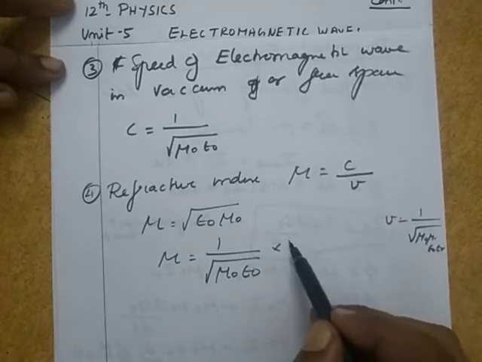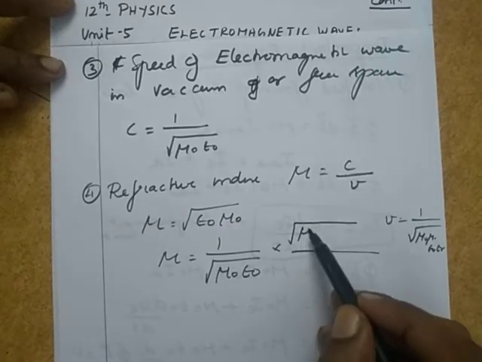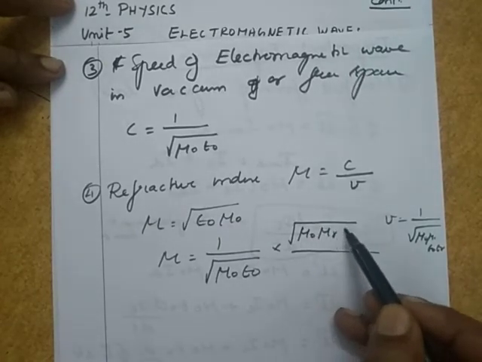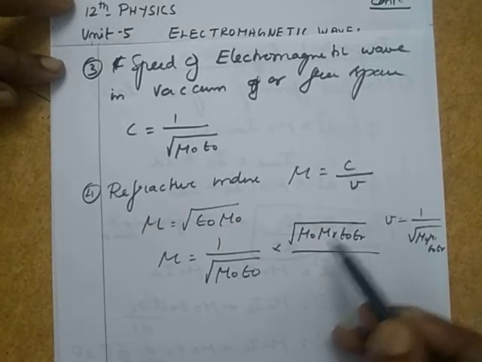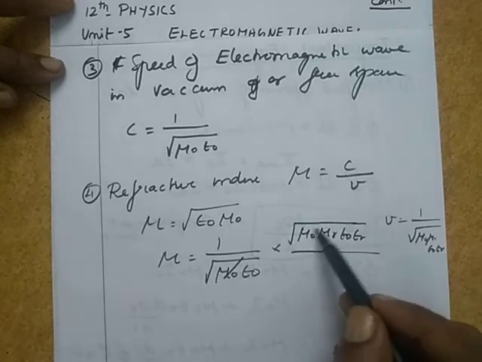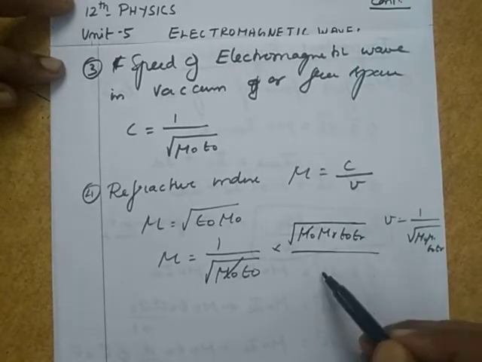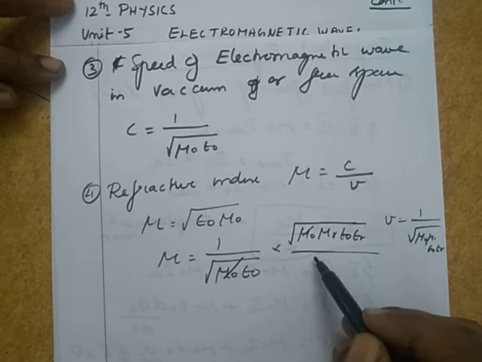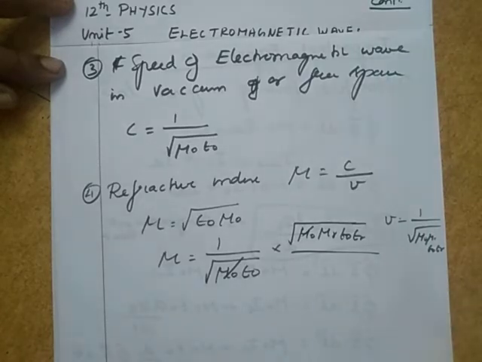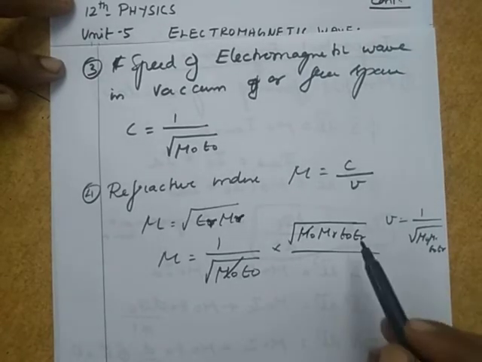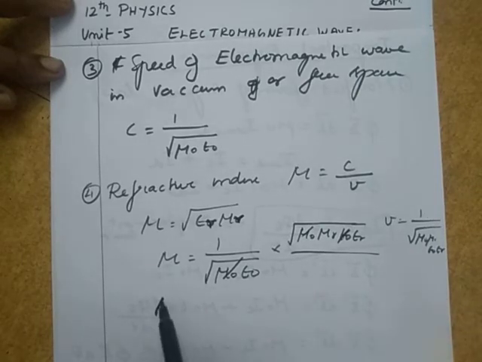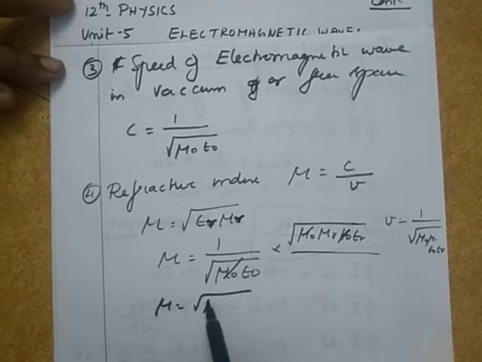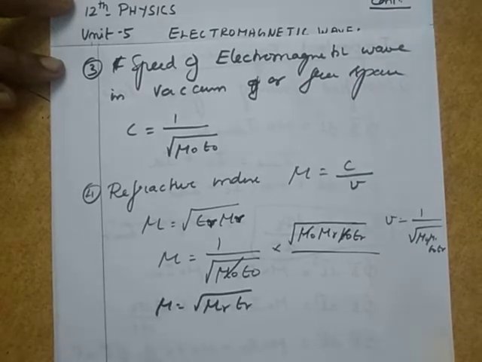After cancelling, we get mu equal to root of mu r epsilon r.